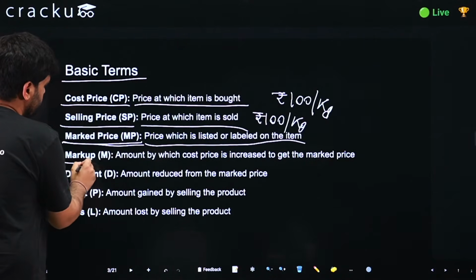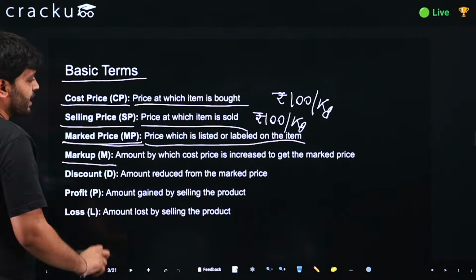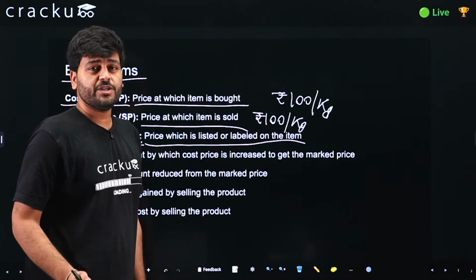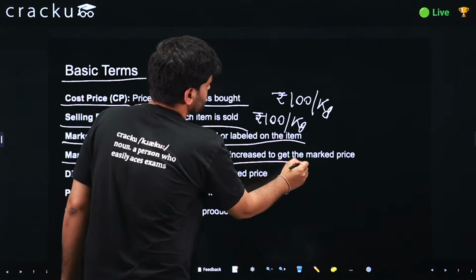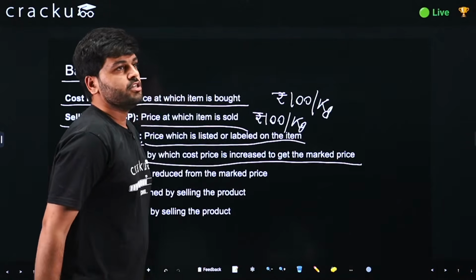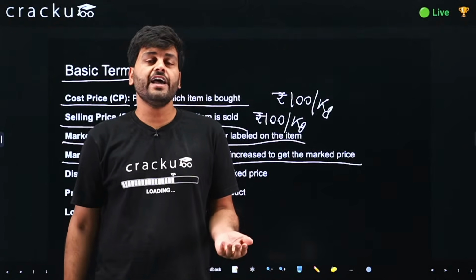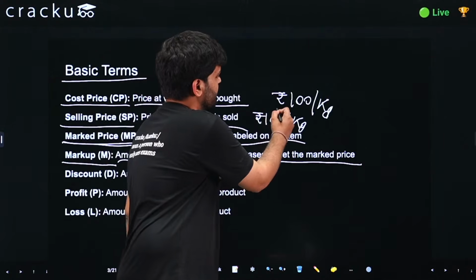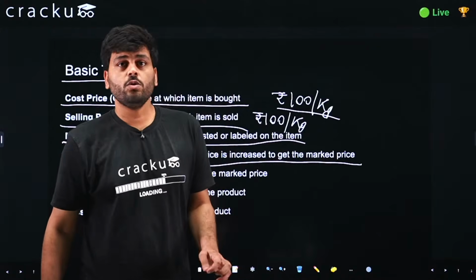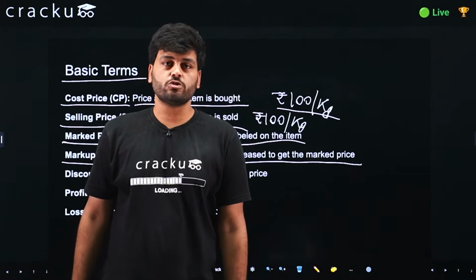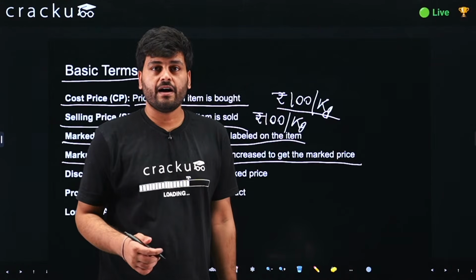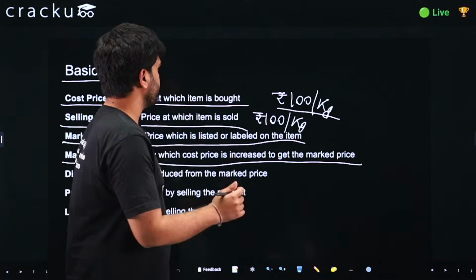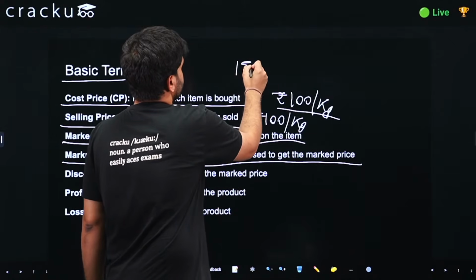Got it? The fourth term is markup. Now markup is basically the amount by which cost price is increased to get the mark price. So for example, I bought the mangoes at 100 rupees per kg. Now I want to sell those mangoes to my friend. So I mark the price, I label the price of the mangoes at 150 per kg.